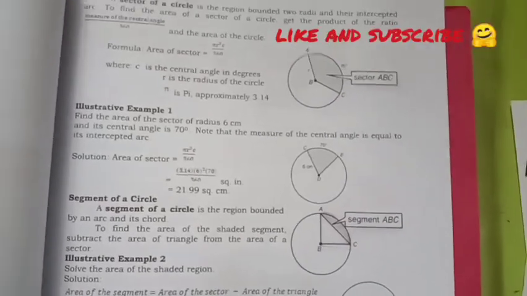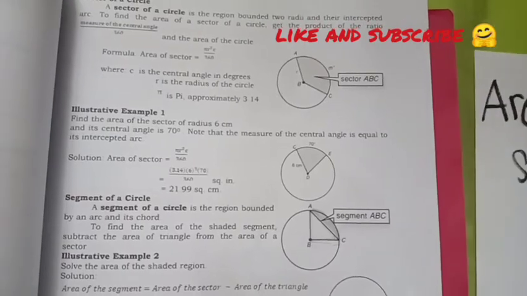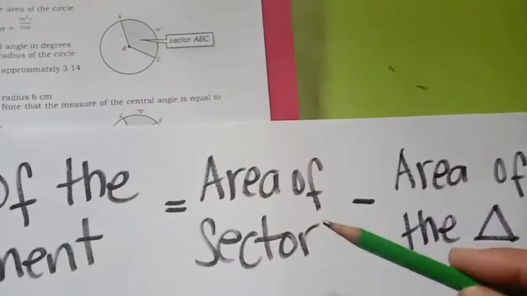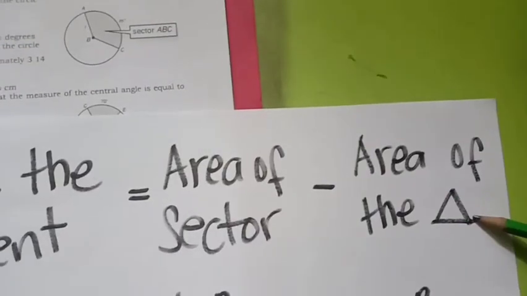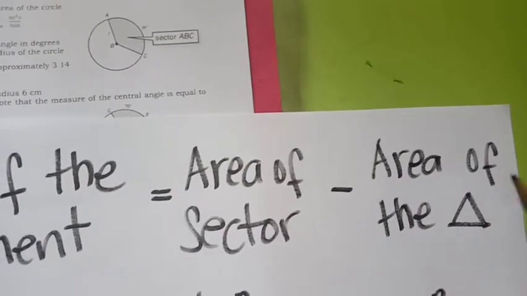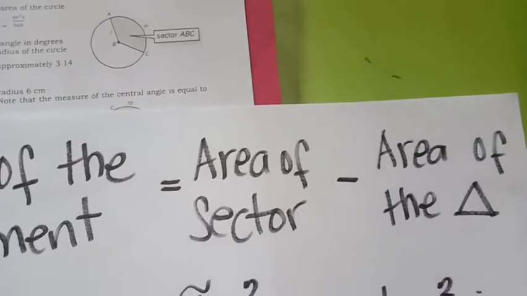So that is why in determining the area of the segment of a circle, the formula is area of sector minus area of triangle. Ima-minus natin yung triangle doon sa sector.